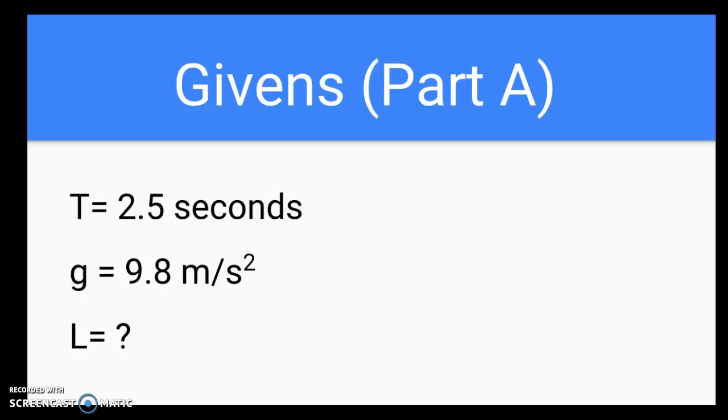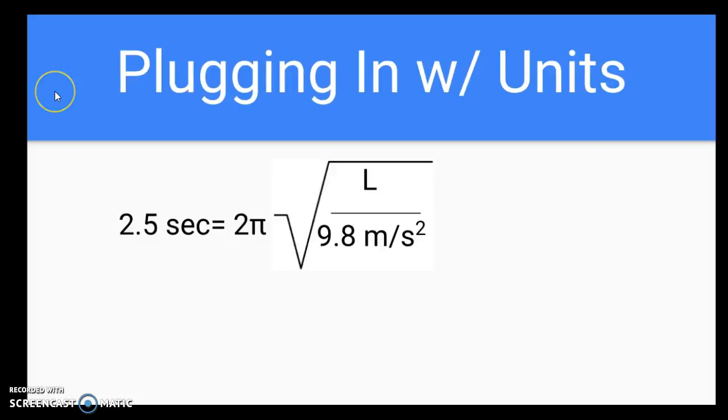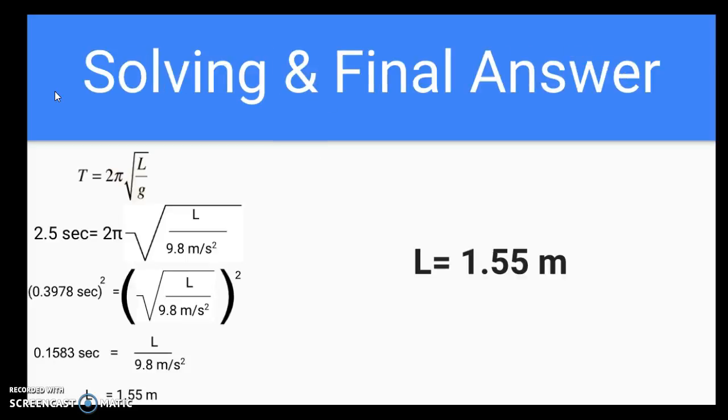Since we have our givens, we know that in order to solve the problem, we need to use the equation T equals 2 times pi times the square root of L over g. Now we are going to plug in 2.5 for T, 9.8 for g, and solve for L. We are going to divide both sides by 2 pi, and you should get 0.3978.